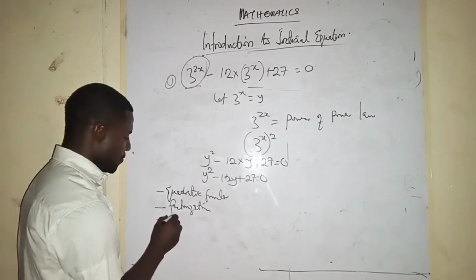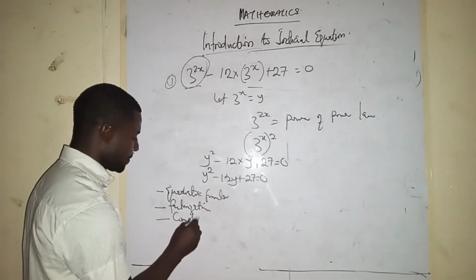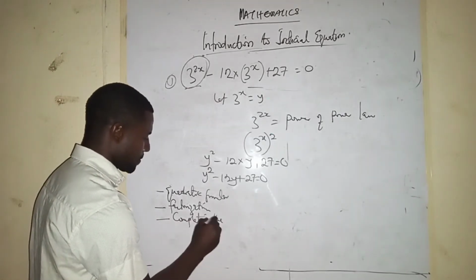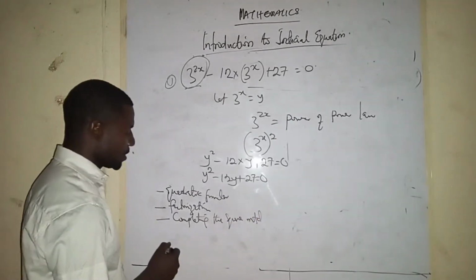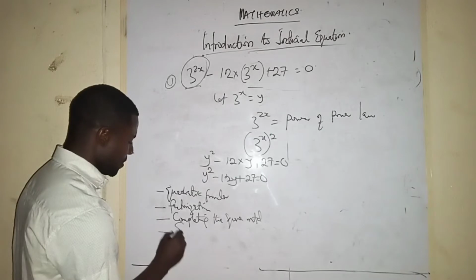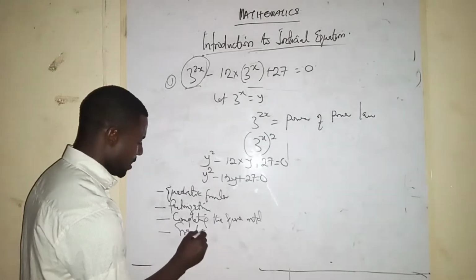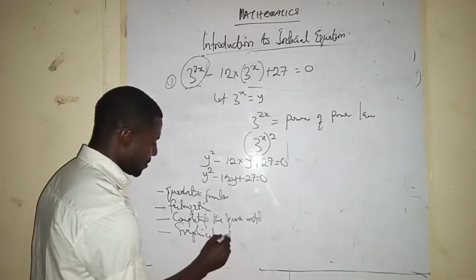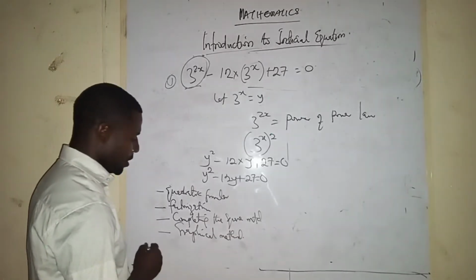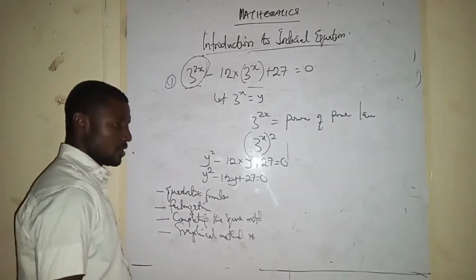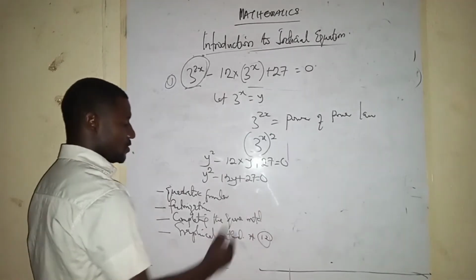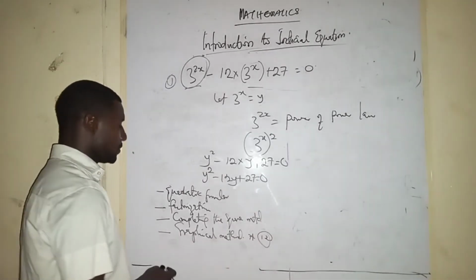Number 3, we can use the completing the square method. All these I will treat when I start dealing with quadratic equations. Number 4, you can also use a graphical method to solve this. Under WAEC conditions, this question is always there and it's 12 marks. So if you know it, you are good to go.